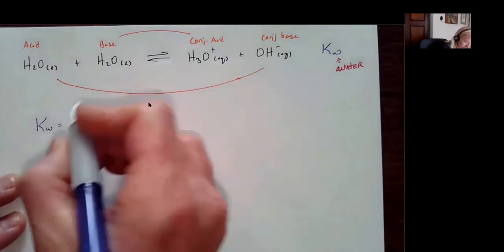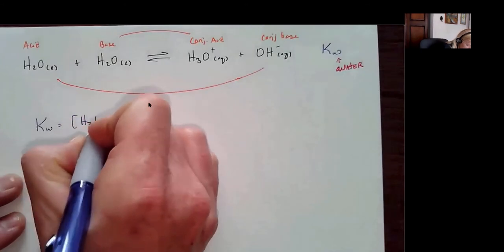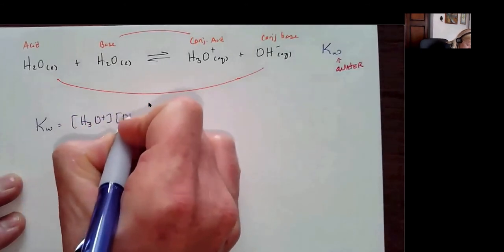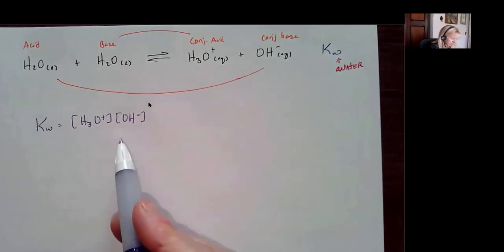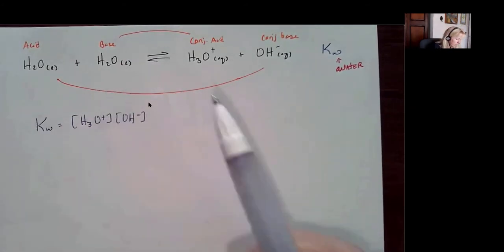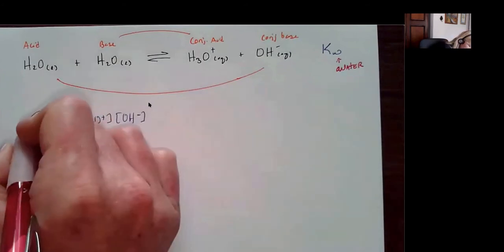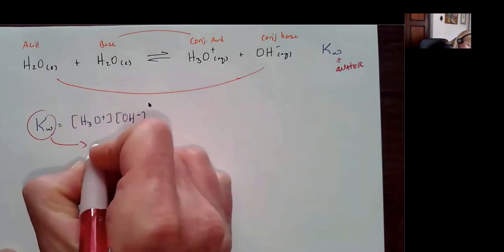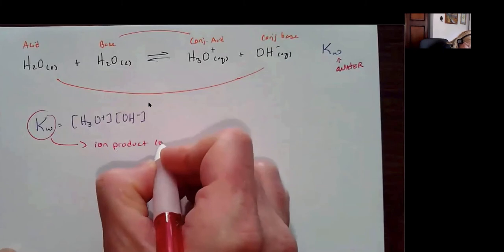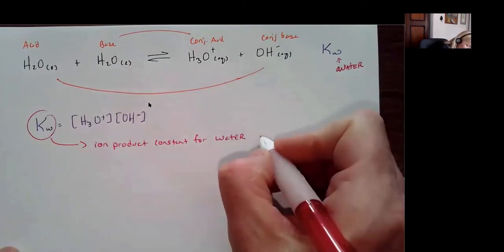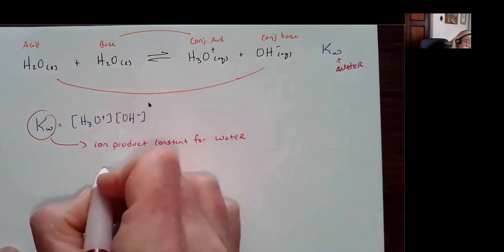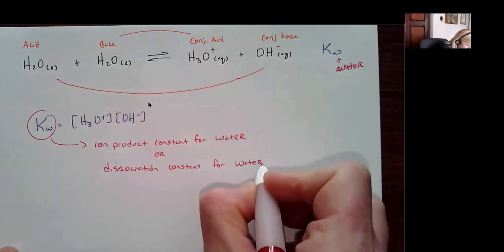So the only thing that's going to go into my law of mass action are my aqueous substances, which are my ions. So my law of mass action for Kw looks like this, and water is going to fall out of it. This whole thing is called the ion product constant for water, or you might see it called the dissociation constant for water, and it has a value.